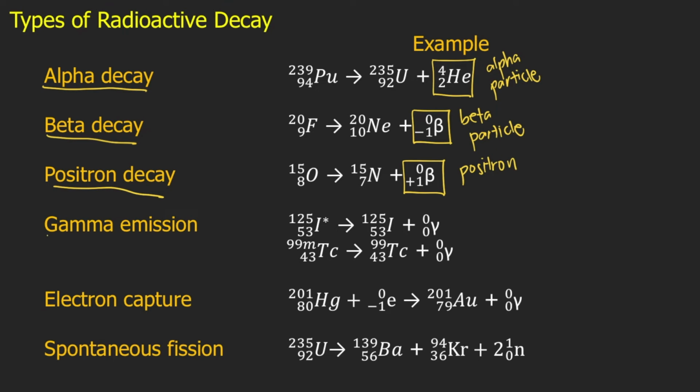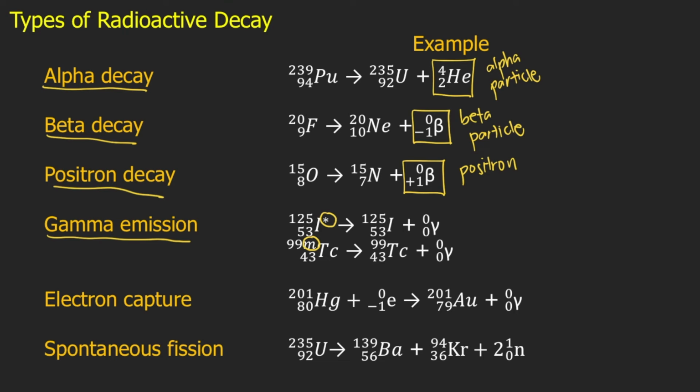Next is gamma emission. For gamma emission, you have a nucleus at a higher energy state. How will you know that a nucleus is at a higher energy state? It is symbolized by this asterisk, or in some references, they put a small letter m beside the mass number.